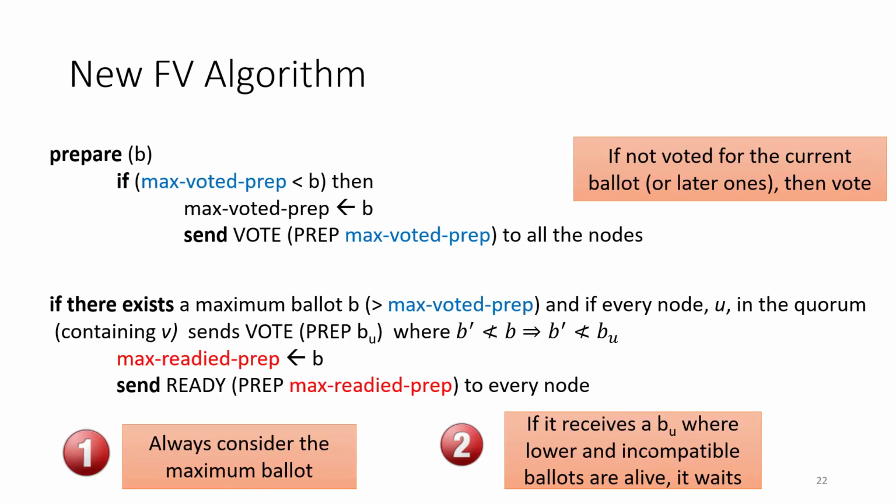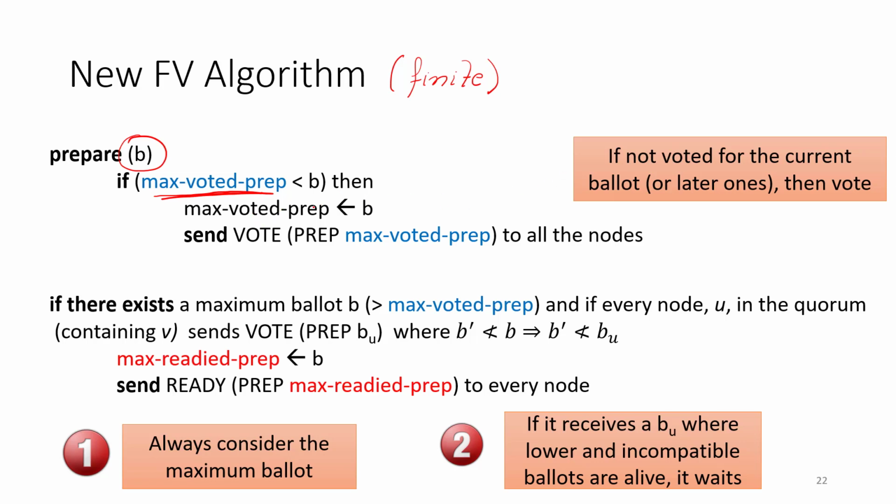So the new federated voting algorithm, which is finite, works like this. When you're preparing a ballot, you see what is the largest ballot that you have voted for. If it is less than B, and this is clearly a higher number ballot, because you want this to be monotonically increasing.